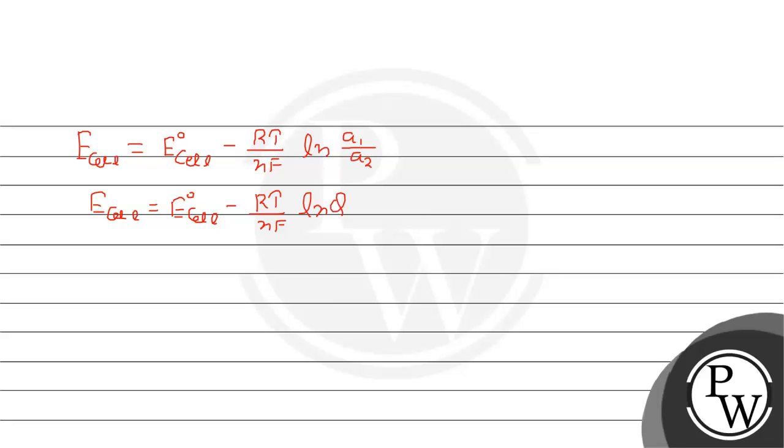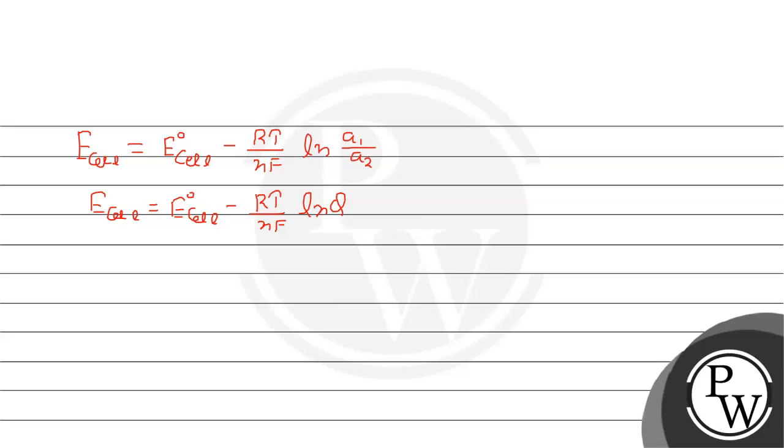Applying the Nernst equation, we'll get E cell equals E0 cell minus RT by nF ln A1 by A2, or we can say E cell equals E0 cell minus RT by nF ln Q. Q is the reaction quotient.